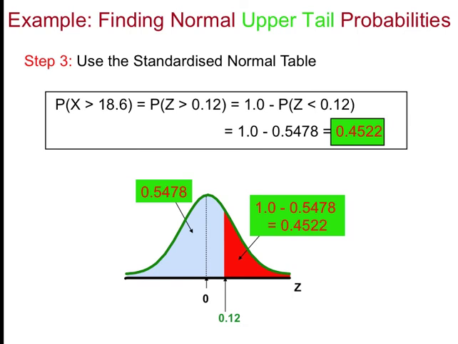Using the value of the probability of z less than 0.12 that we had before, which is 0.5478, we just subtract this number from 1, and that will give us the probability of z greater than 0.12.